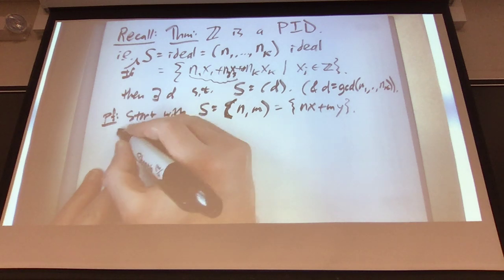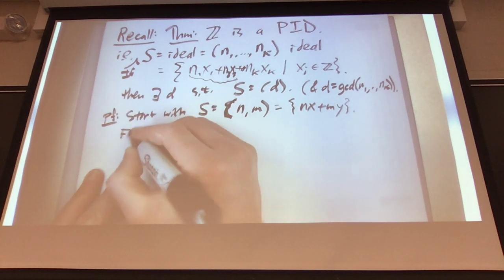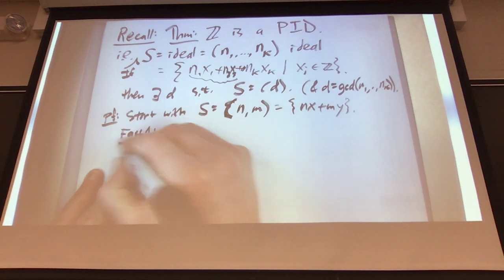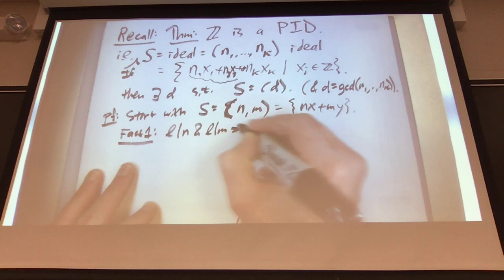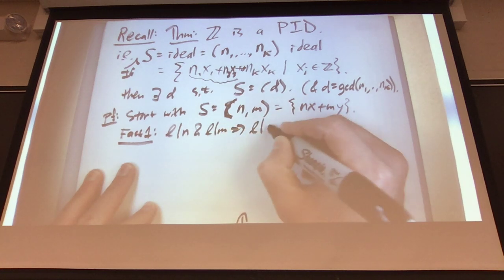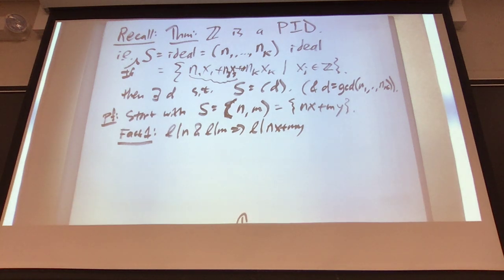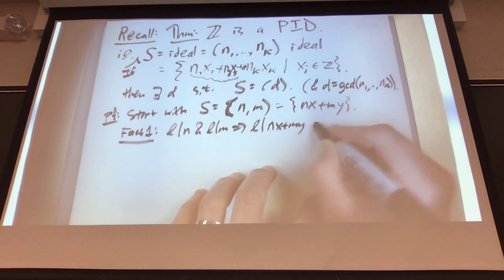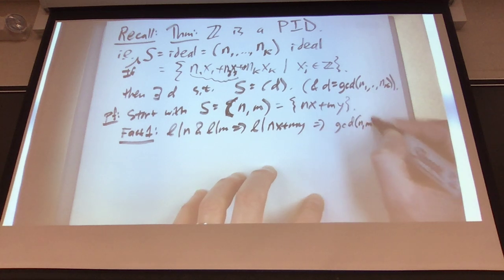So fact one, or one direction: if something divides n and it divides m, then it divides any integer linear combination of n and m, which means the GCD of n and m will always divide nx plus my.